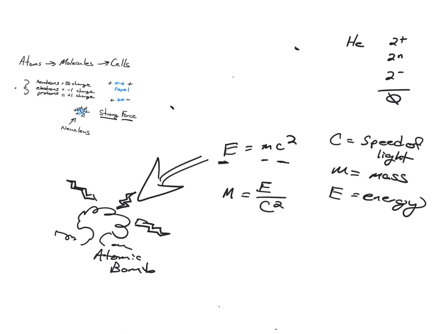What is an atomic bomb? You're taking matter, specifically a radioactive element like plutonium. It's very unstable, and you're pushing it together, and you're forcing the protons to get too close. What do the protons do to each other then? They repel, and they repel in such a chain reaction that they start to move really quickly and release a lot of that energy that we just talked about, things like strong force and all the other pieces of energy. I don't understand it, as I said, but a lot of all that energy that's in that atom gets released, and that's when you have an atomic bomb. That's what an atomic bomb is.